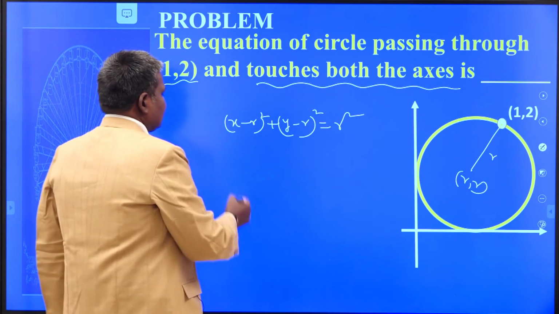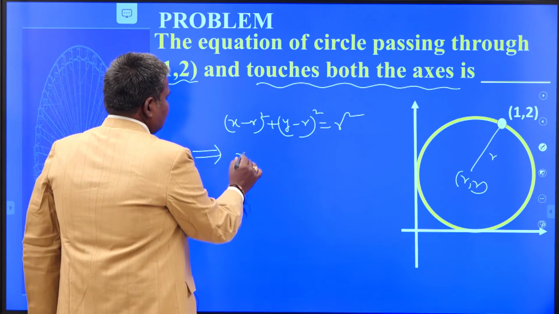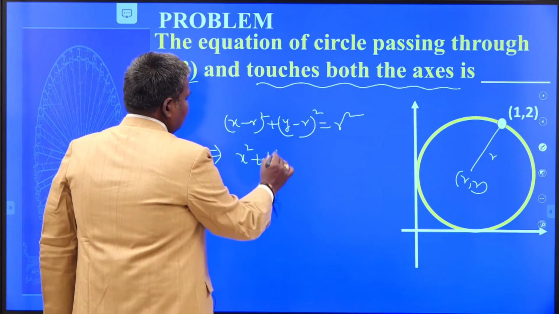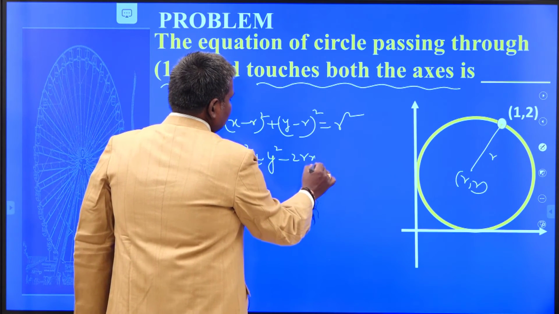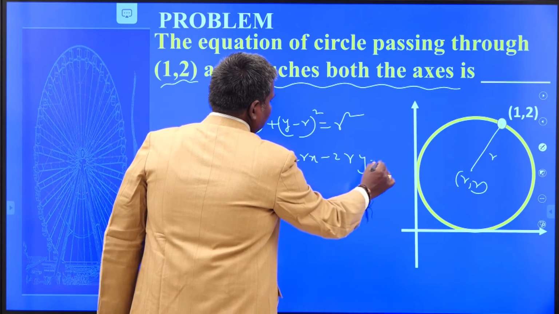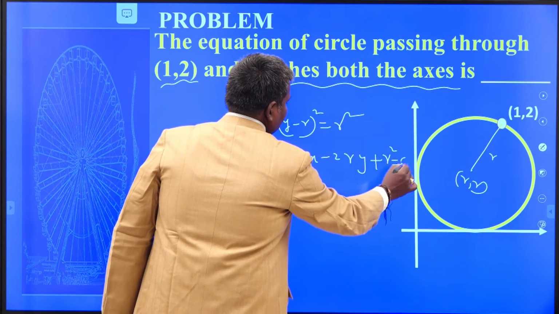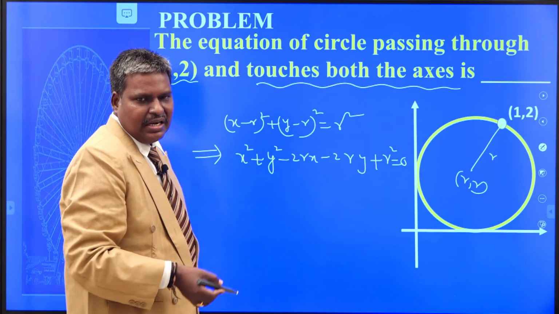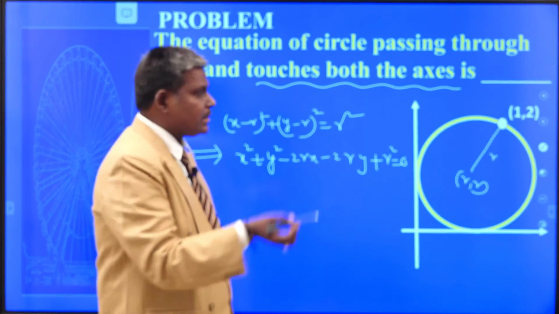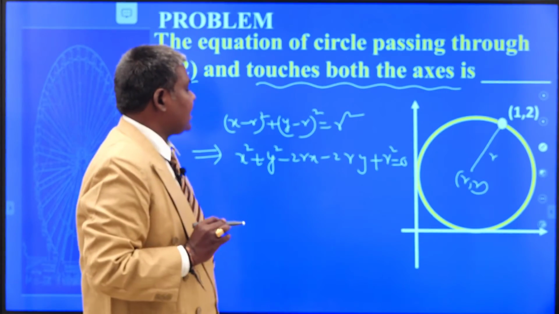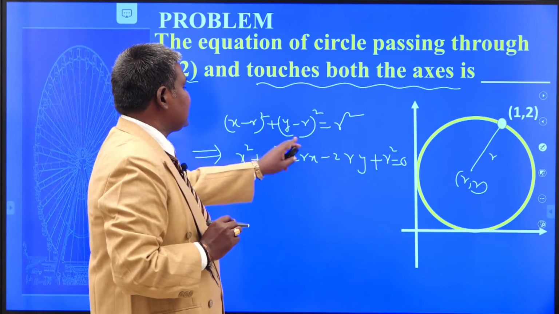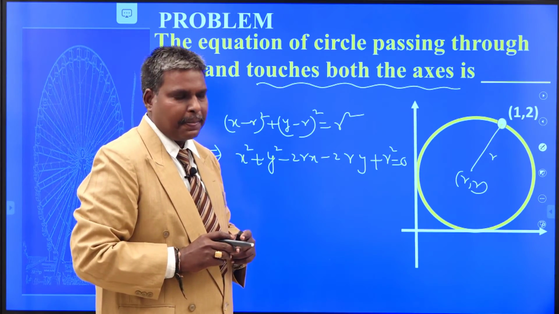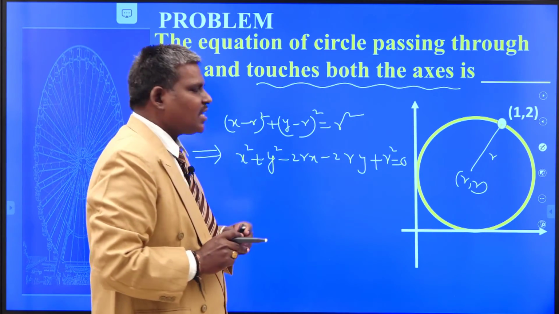So many times we discussed it. X square plus y square minus 2rx minus 2ry plus r square equal to 0. This is the equation of circle having radius r units and with center at r comma r, that is in the first quadrant.